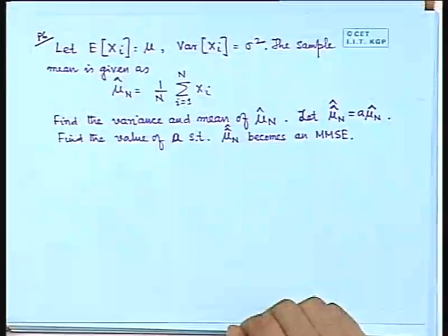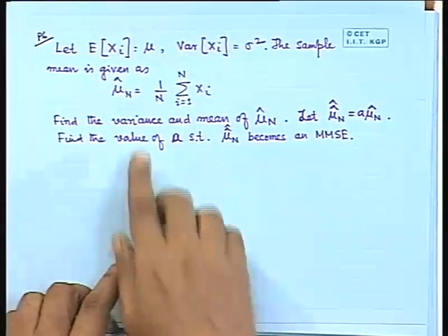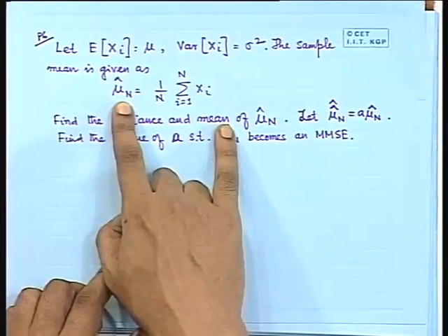Now the question is, if you consider this to be an estimate of the mean, is it a good estimate? How do you find out whether it is a good estimate or not? At least on average, if you found 10,000 such means and took their average, does it converge to the actual mean?